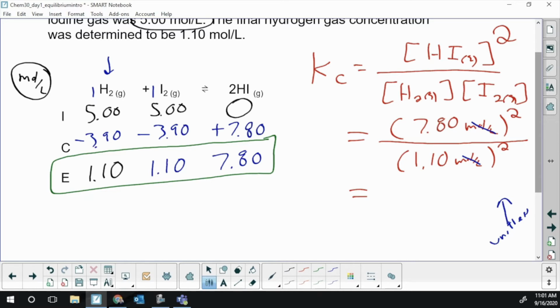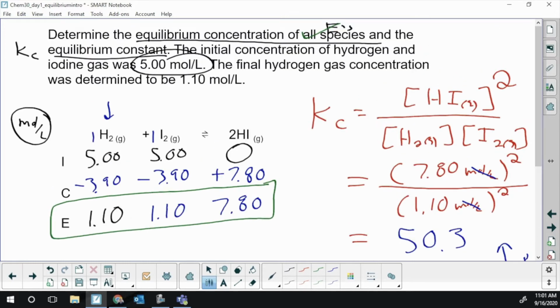They are dropped. That's just a rule we follow. Square the top times the bottom, and you get 50.3 unitless. None of the Ka values in your booklet have units. They're unitless numbers. They're just a constant. And I've answered this question.